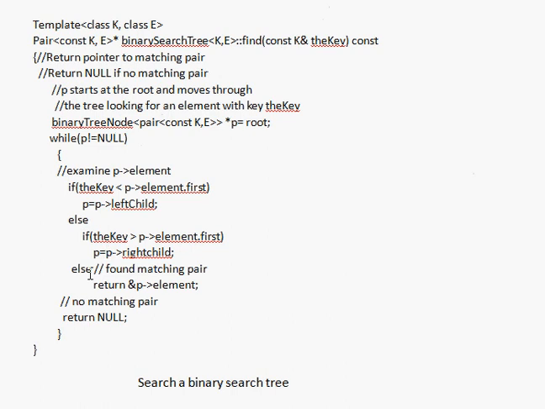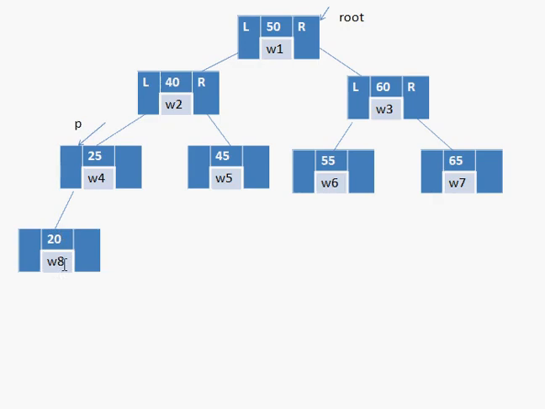Finally it goes to the equal condition, which means return the complete element belonging to the pointer. The P element whole structure is returned, and the structure has two components, that is W8 and 20. So the element you were searching for exists and its position is W8. The whole thing will be returned.